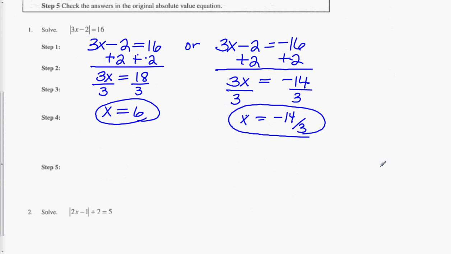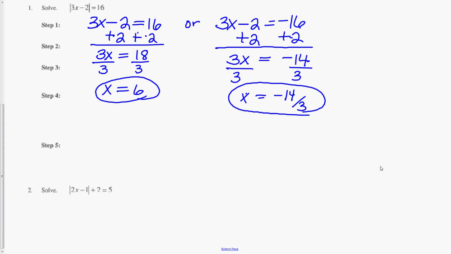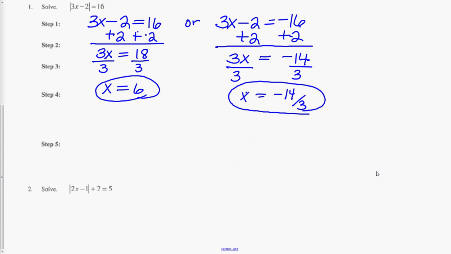All right, so let's look at the next one. Now here's where the steps would probably come into play. When we are going to solve these absolute values, you need to isolate the absolute value. And what does that mean? That means that you need to get the absolute value part by itself on one side of the equation.